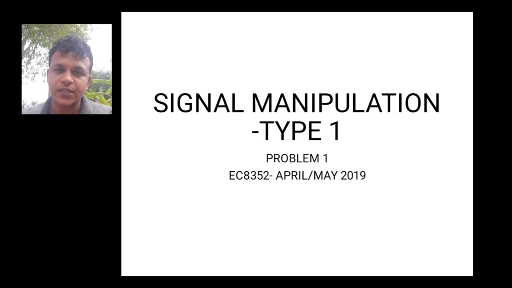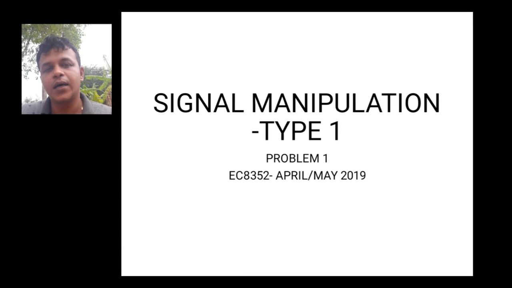Otherwise we can elongate the signal to last 10 seconds. This is called the time scaling operation. Time reversal means if a signal is on the right hand side of the y axis, we can make it appear on the left hand side. That is called the time reversal operation.